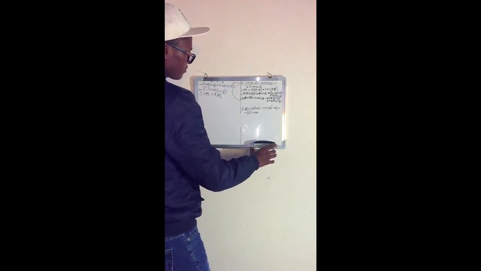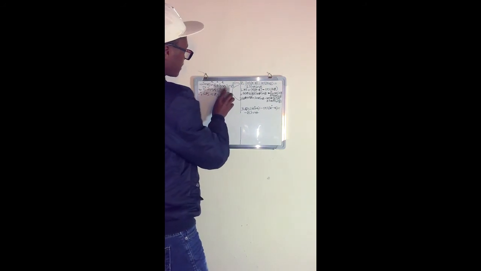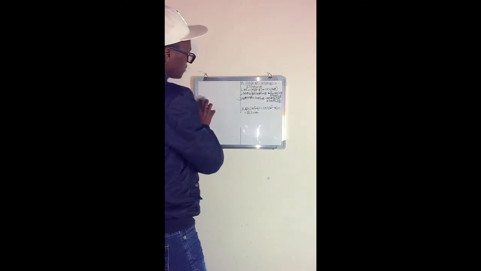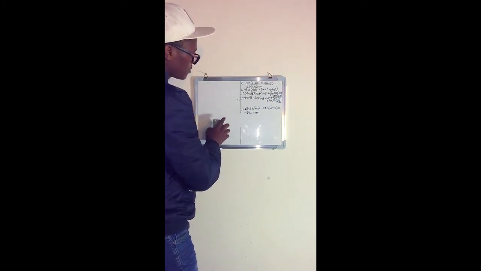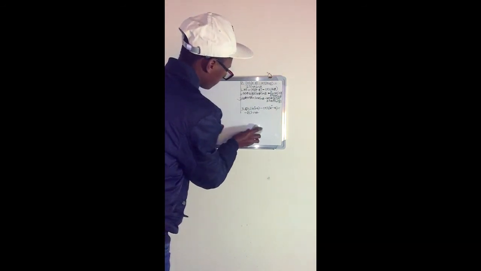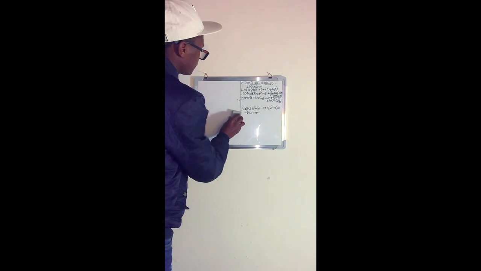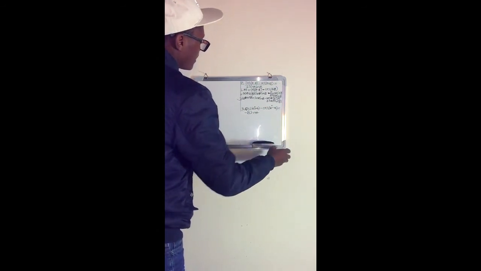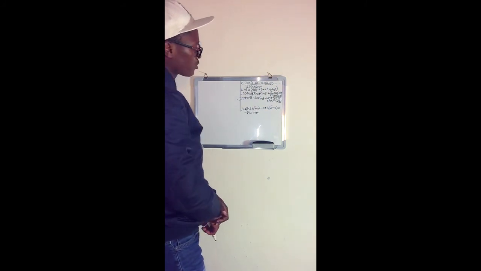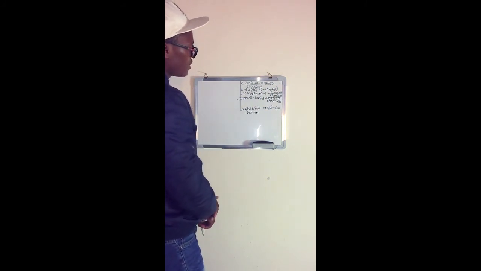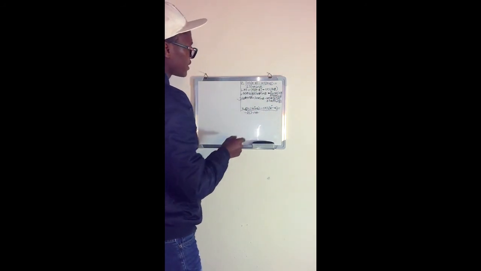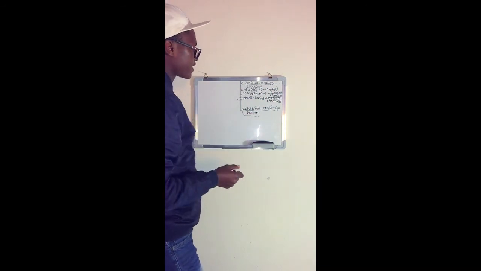So number 3, prove that cos of 60 plus theta minus cos of 60 minus theta is equal to minus the square root of 3 times sin theta. So it means this side is our left hand side, and this one is our right hand side.